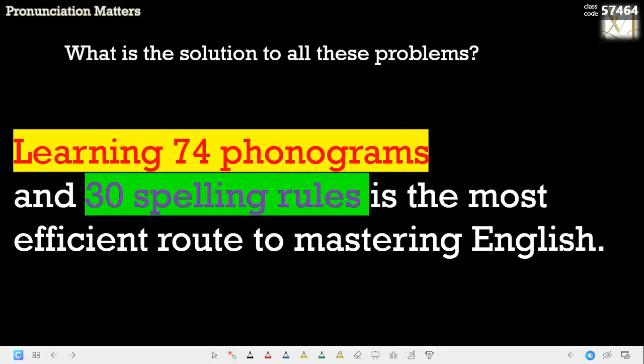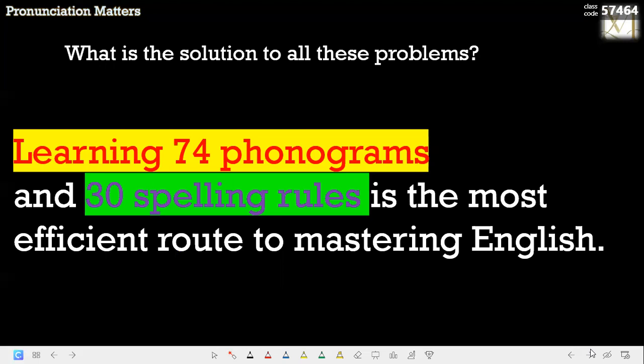And what does that mean? It means that the only solution to help learners master English pronunciation is to teach them the whole picture, to give them complete, detailed information about the 74 phonograms, okay?